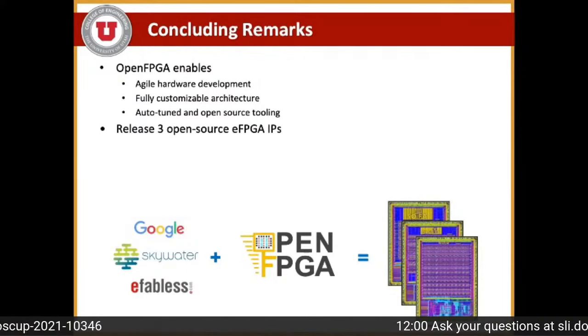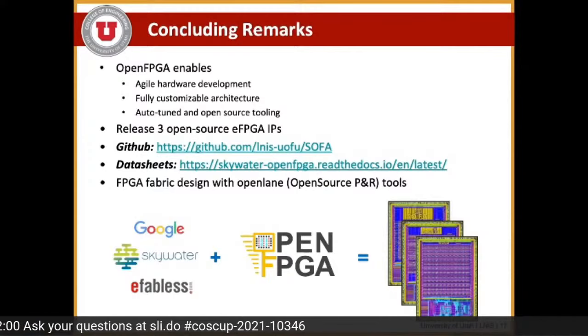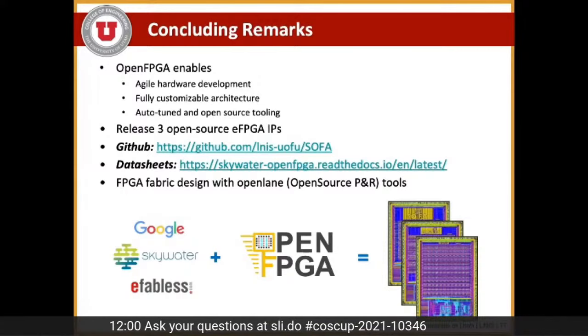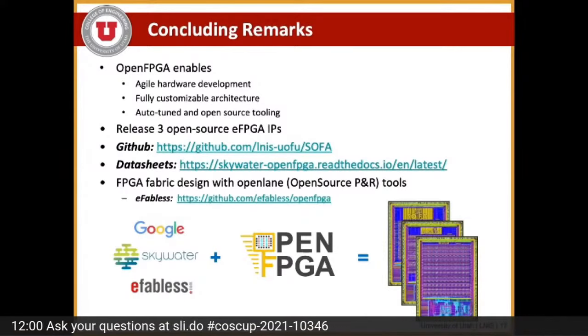Everything is available on the GitHub as well as the data sheets on these eFPGA IPs. And we may also pay attention that there are some in parallel projects that use OpenFPGA to generate FPGA fabrics using the OpenLAM project. And that's the end of the presentation. Thank you very much.